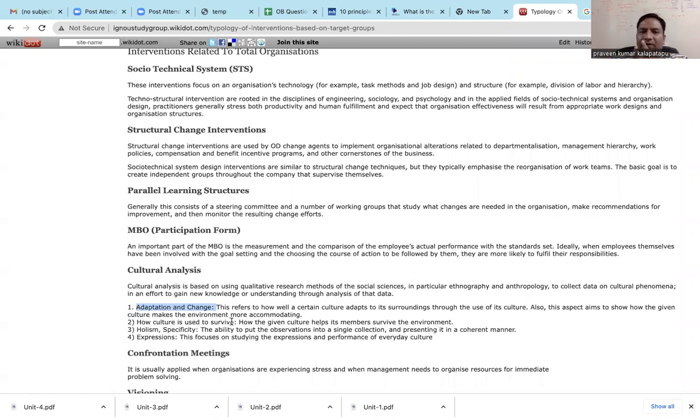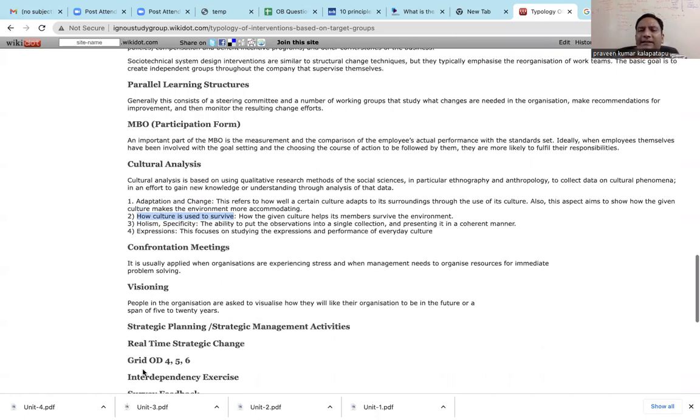Second, survival. Basically, whether this culture survives in this environment or not. This is talking about whether it is going to continue. Adoption is over, now whether it is going to continue. Third, holism or specificity.